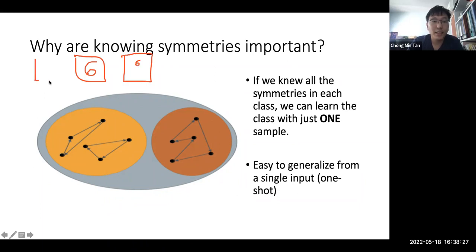Maybe a translated 6. Rotated is a bad example, because if you rotate the 6, it becomes a 9. So MNIST shouldn't have rotational symmetry because of that.